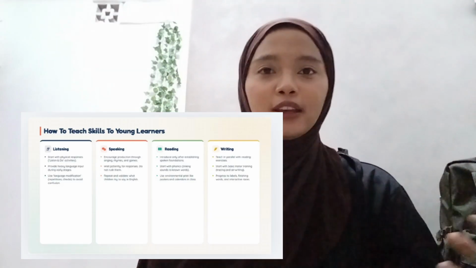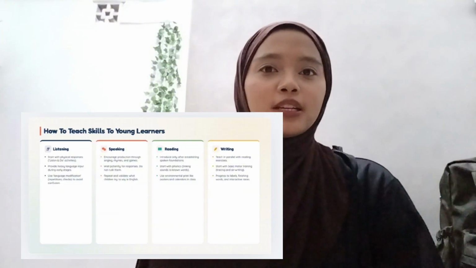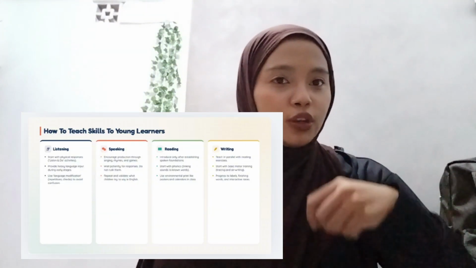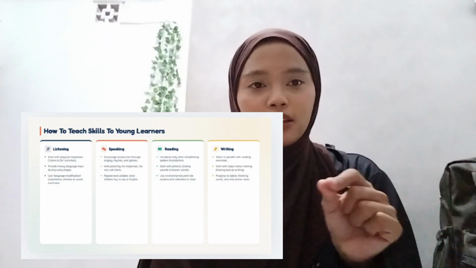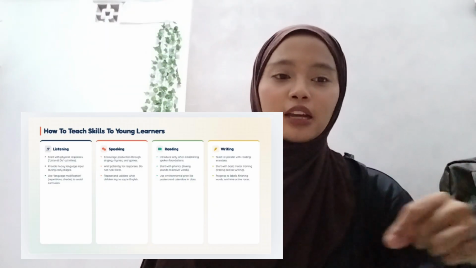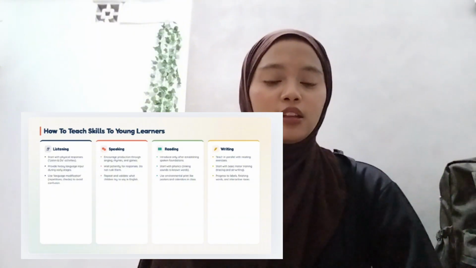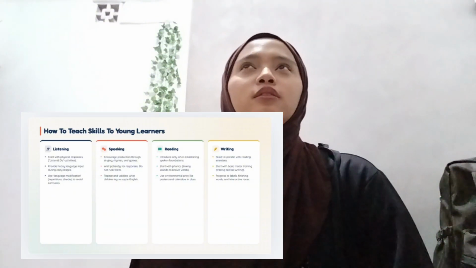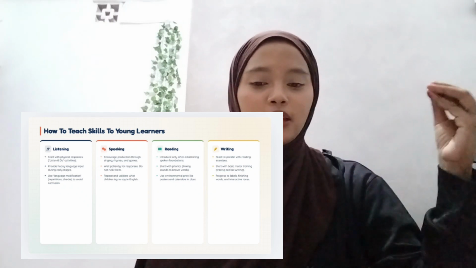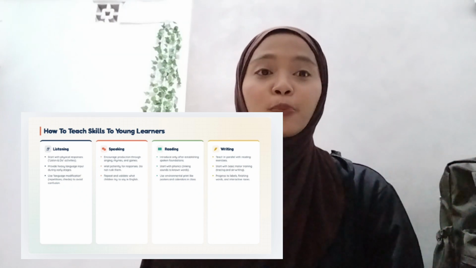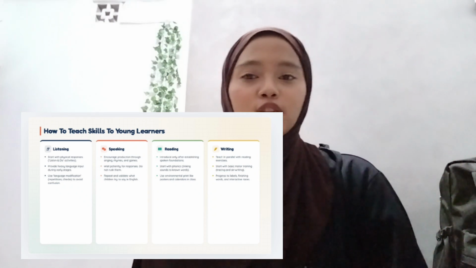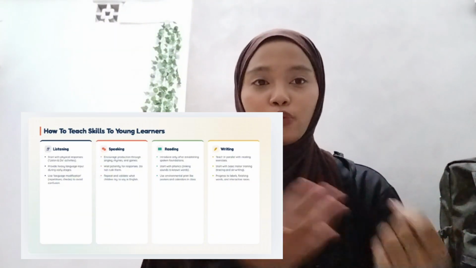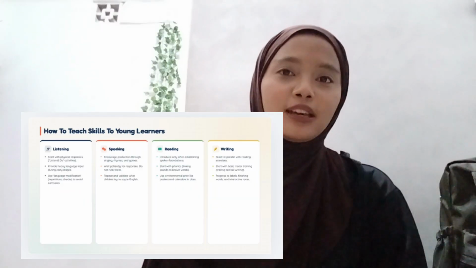In listening, you need to start with physical response, like listen, and then the students must do something like an exercise or fill in the blank, rather than only listening without any purpose. If the students have some exercise, they know what they need to listen to.